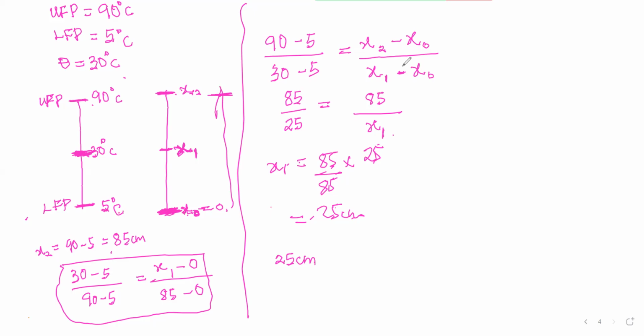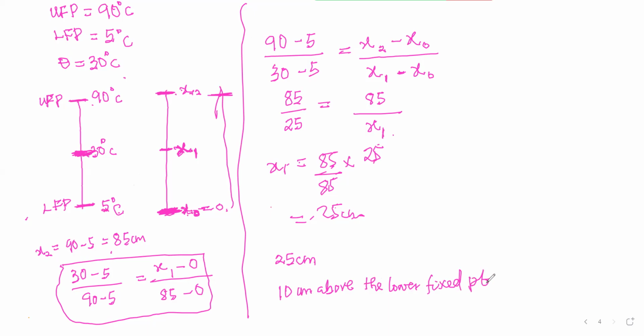What temperature in degrees Celsius is recorded when the mercury thread is 10 centimeter above the lower fixed point?